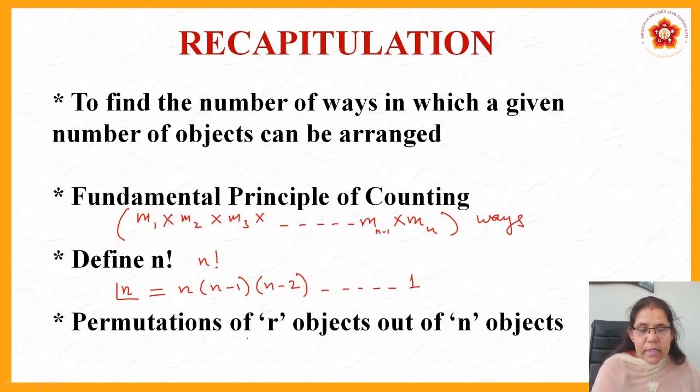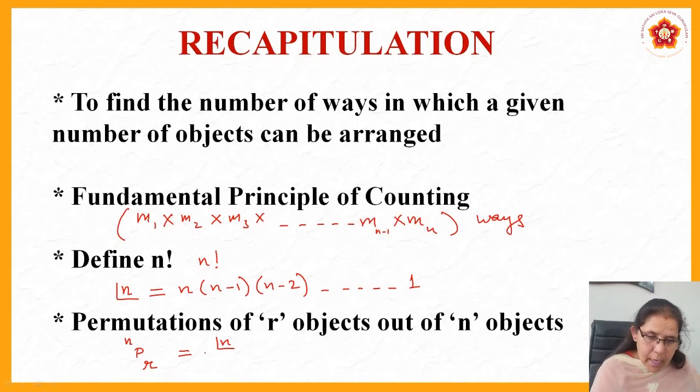After this, we discussed permutations of r objects out of n objects. So basically, we learnt what is nPr. We had to arrange r objects out of n objects.